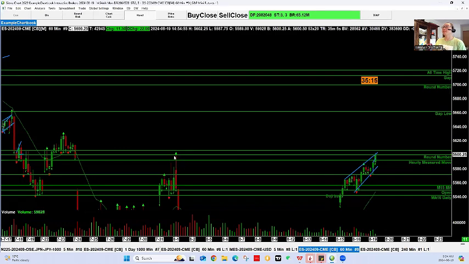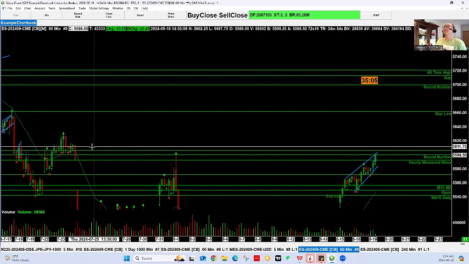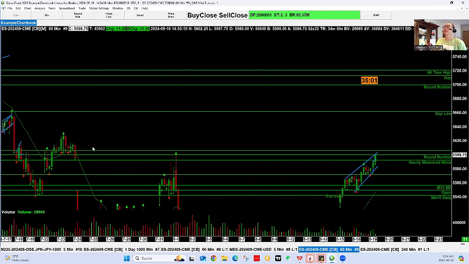This is a magnet, 5600. And the gap has been closed. The gap lines here haven't been closed. It's very close to this gap line.